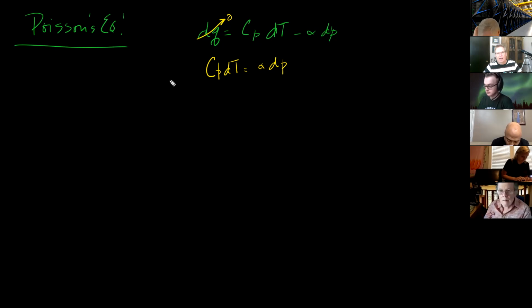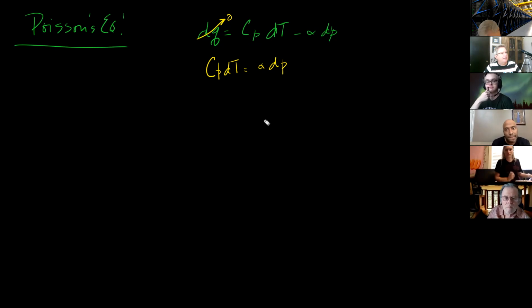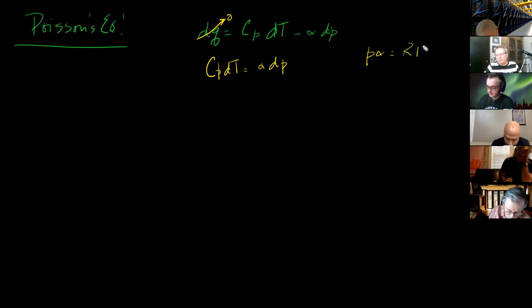If I look at something like this, it's pretty straightforward. Do you agree that I could integrate the left side pretty easily? Can I integrate the right side? No, because alpha depends on pressure, P. But I know that P alpha equals RT. That's the ideal gas law.